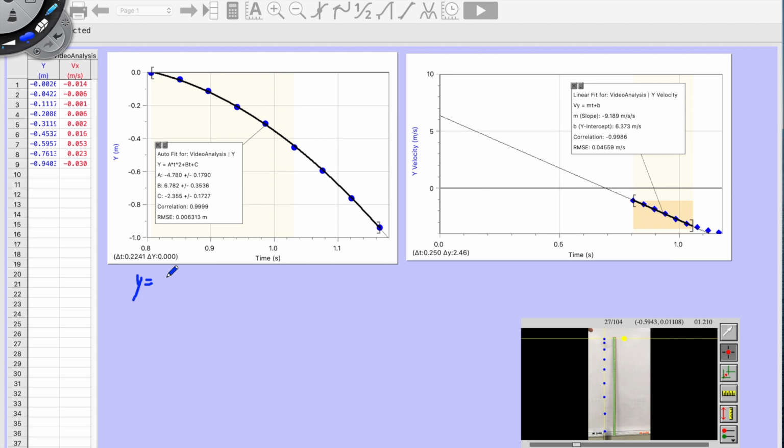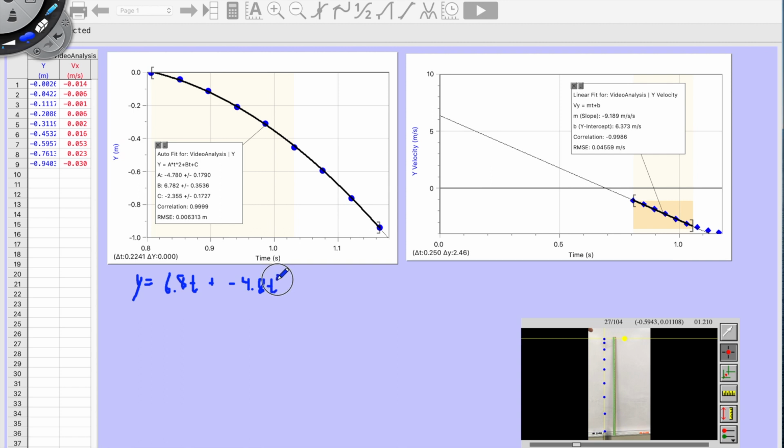So 6.78, or actually we'll just shorten it, 6.8 times t, plus this a value, which is negative 4.8, t squared.